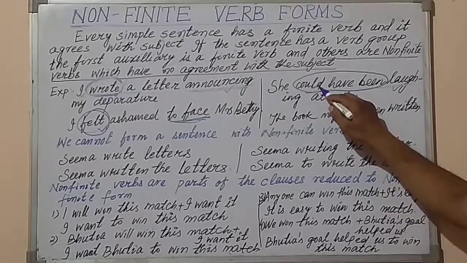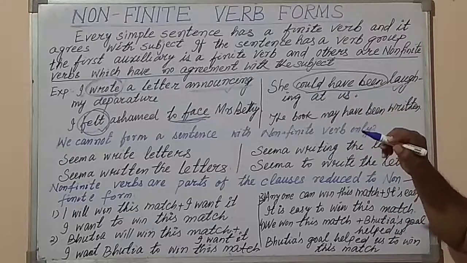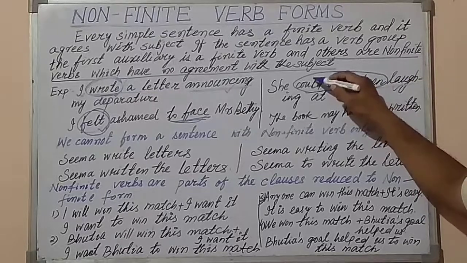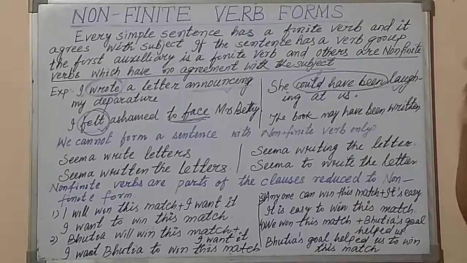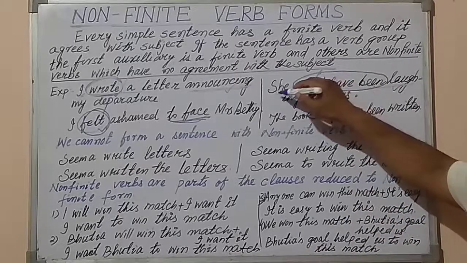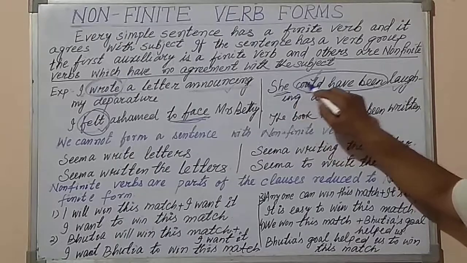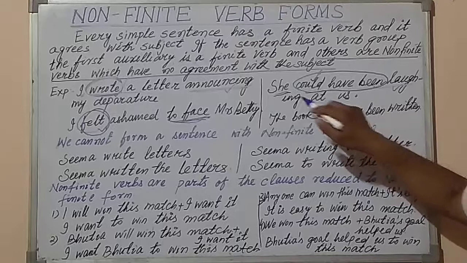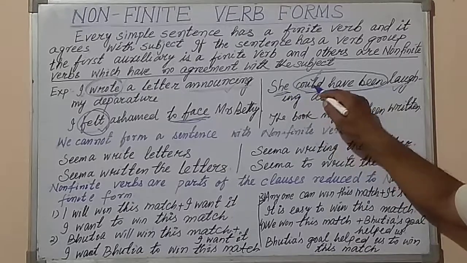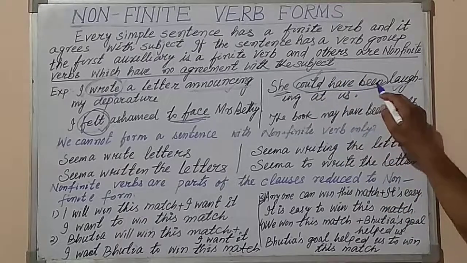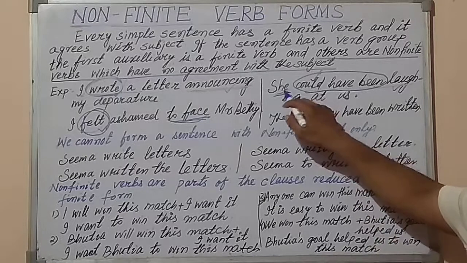Among the three auxiliaries, could is first, and this could has the agreement with the subject, that is she. So she is the subject and could is the verb. They have the agreement, but have and been have no agreement with the subject she.